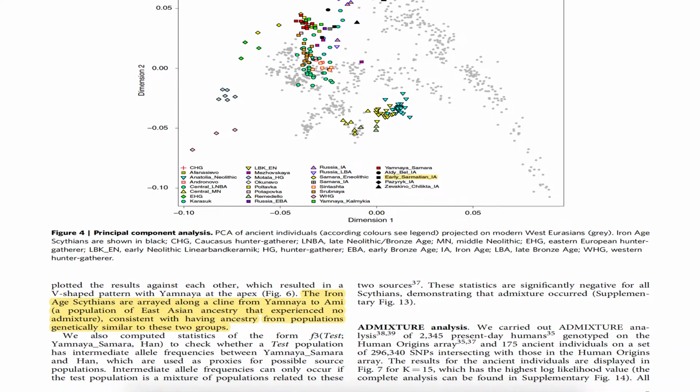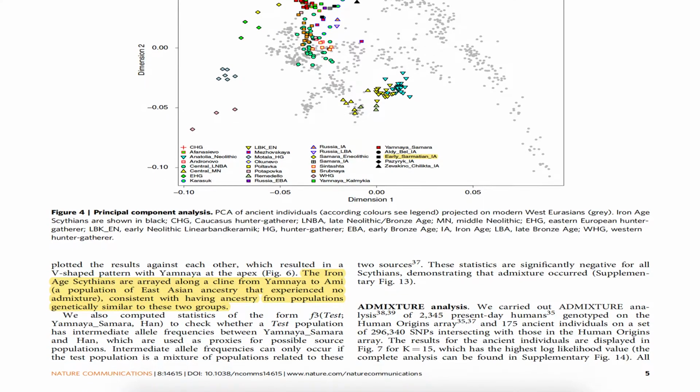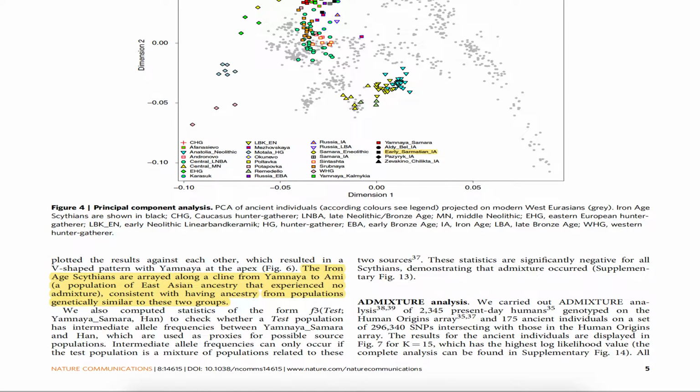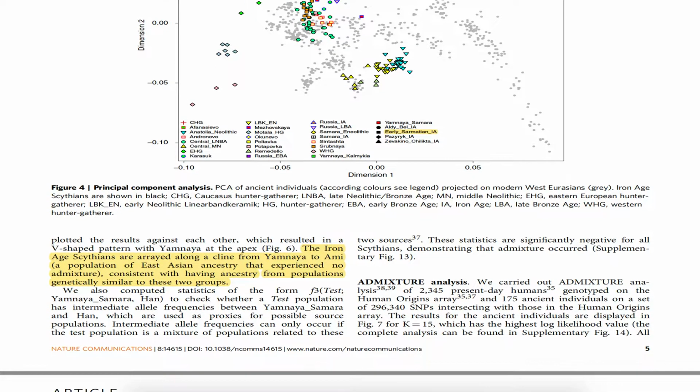The Iron Age Scythians are arrayed along a cline from Yamnaya to Ami, a population of East Asian ancestry that experienced no admixture, consistent with having ancestry from populations genetically similar to these two groups.